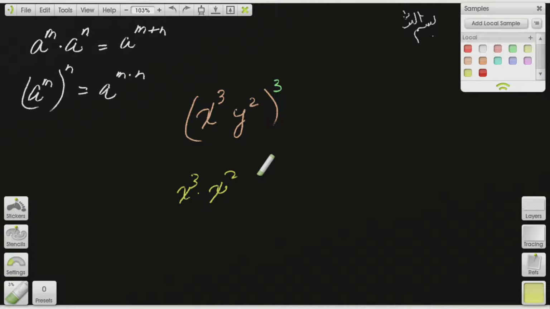These are different variables, different entities. Now this is kind of like the distributive property for exponents, okay? So the way this works out is, this is going to be x to the 3 times 3 is 9, and 3 times 2 is 6.